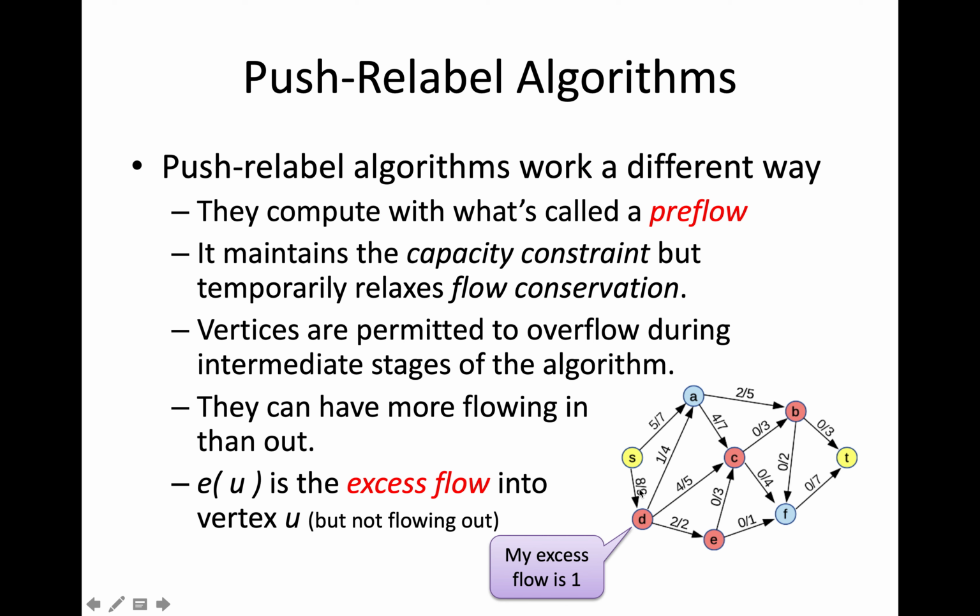So this one has 8 units of commodity flowing in, but it only has 1 flowing out. There's 4 more, so that's 5. There's 2 more, so that's 7. So it has 8 flowing in and 7 flowing out, so it violates flow conservation. So the idea is we are going to temporarily permit vertices to overflow as we're trying to figure out the maximum flow, and then we'll fix that before we're done.